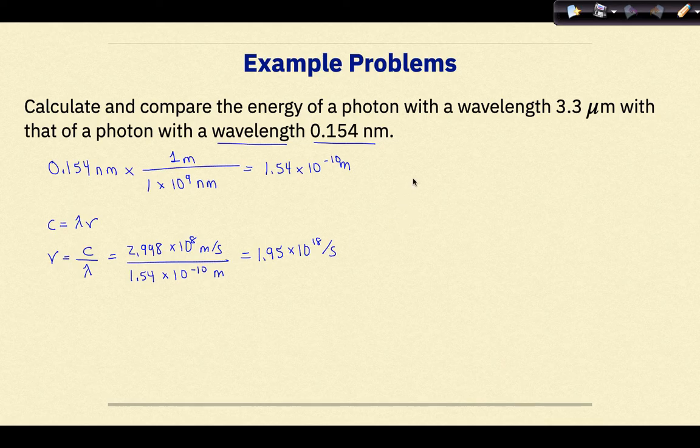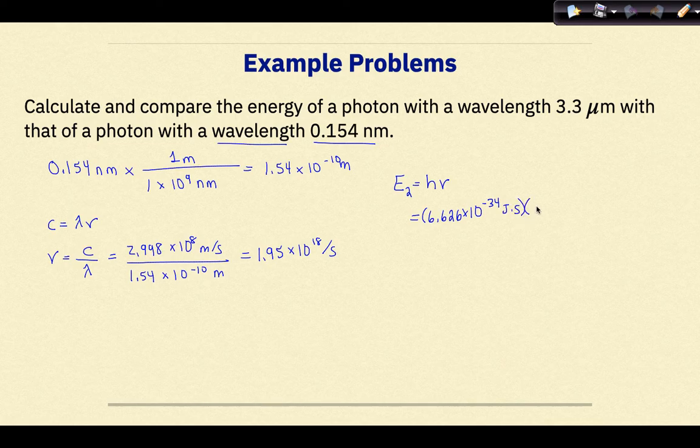Then, like I did in the previous example, I'm going to find the energy associated with the second wavelength. So energy is equal to Planck's constant times frequency. Planck's constant is 6.626 times 10 to the negative 34 joules seconds.